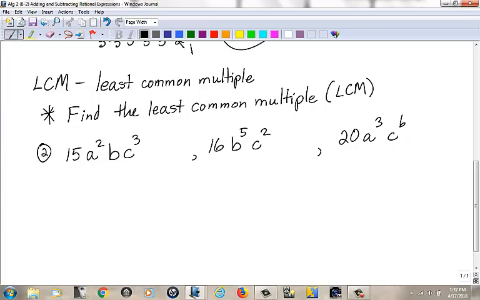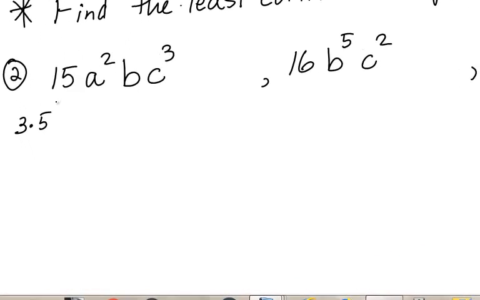So you want to break each one of those numbers into primes. So 15 is 3 times 5. And for right now, I'm just going to show you writing it out the long way, and then I'll show you the shortcut.